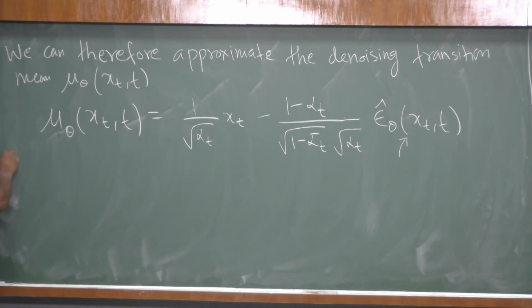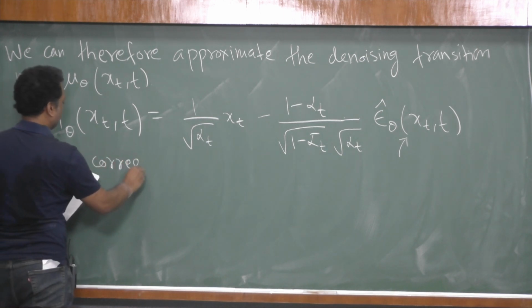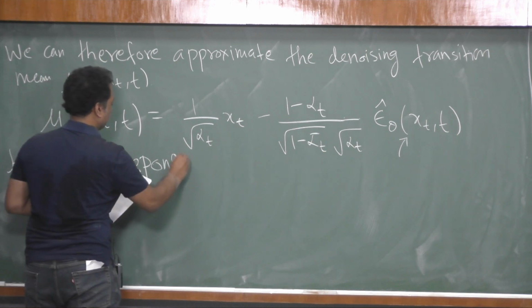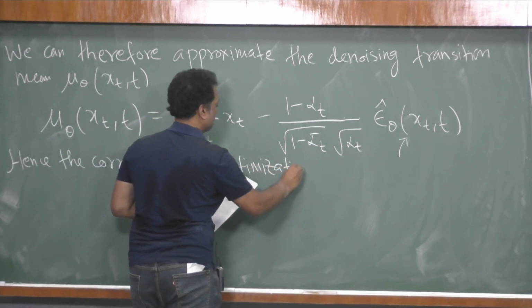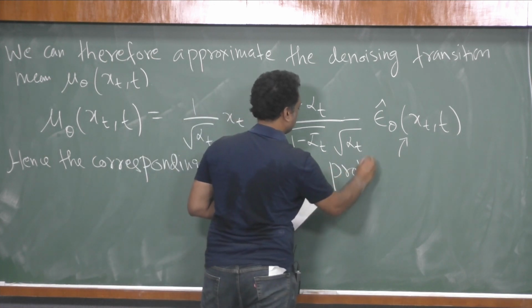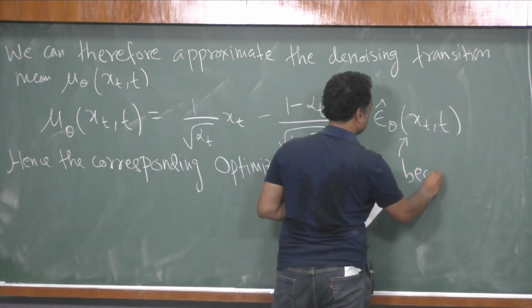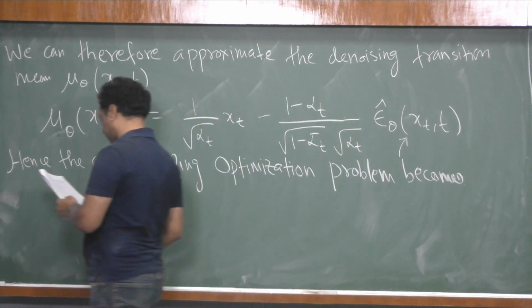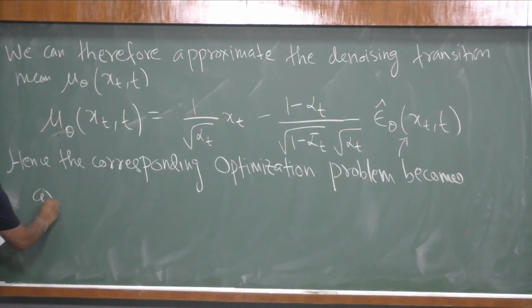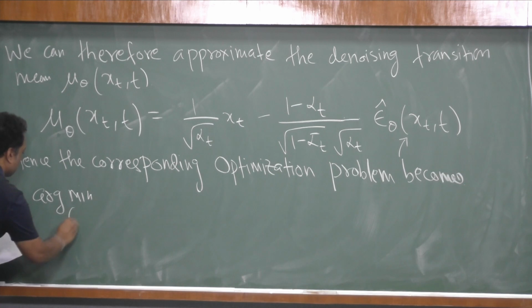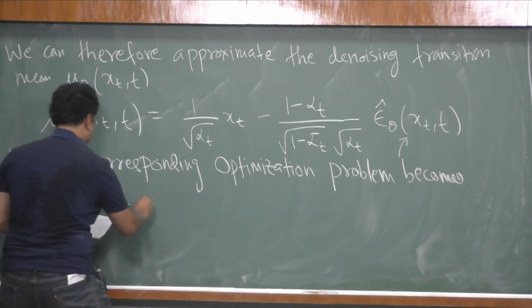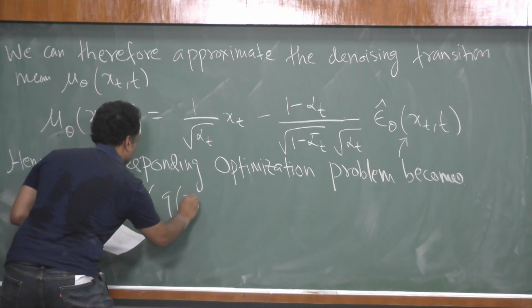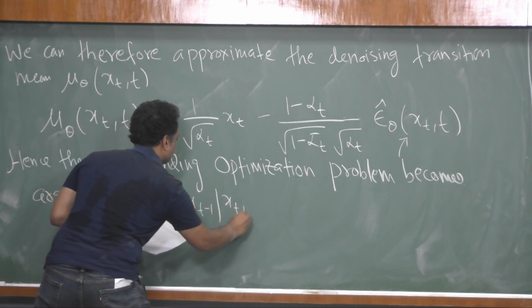So hence the corresponding optimization problem becomes, continuing from that, arg min over theta of the KL divergence of q of xt minus 1 given xt, x naught.